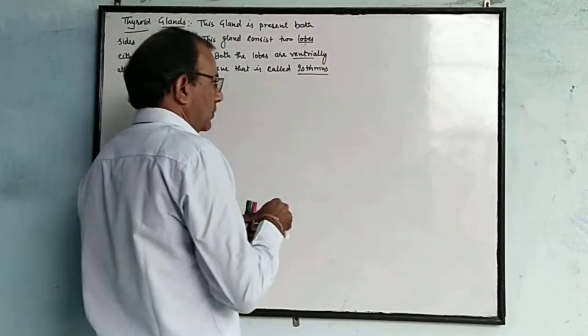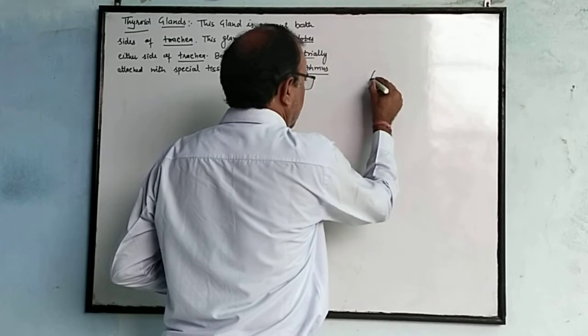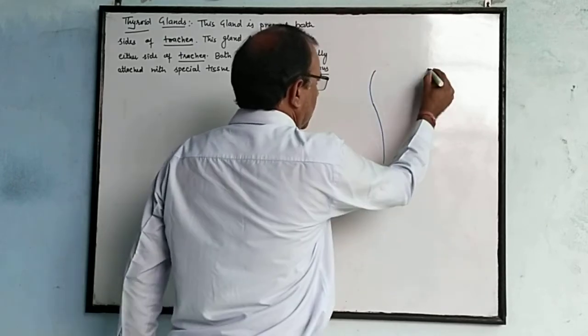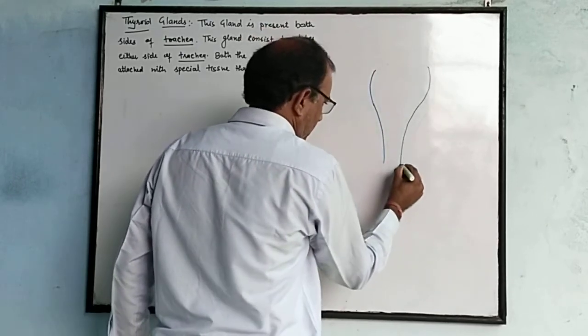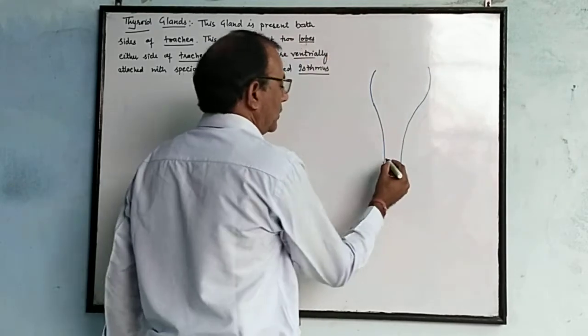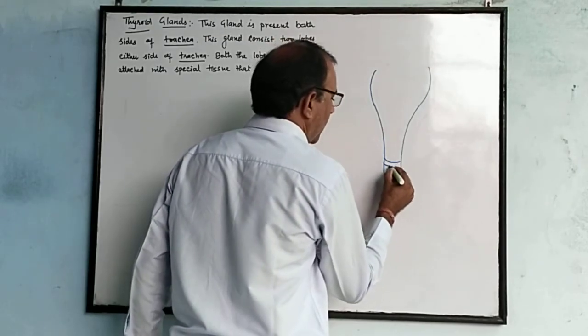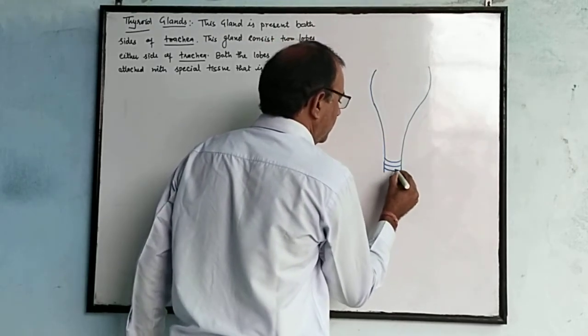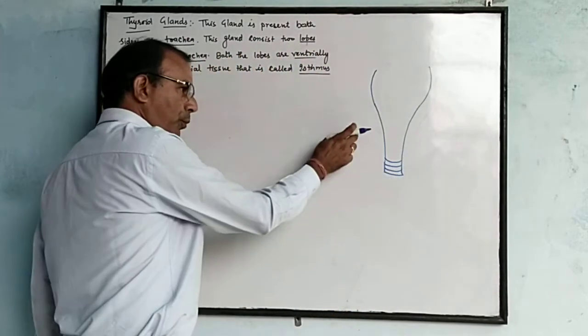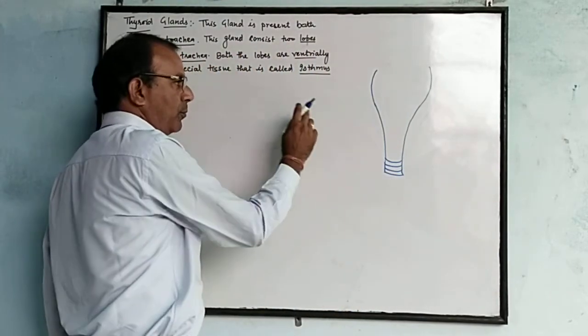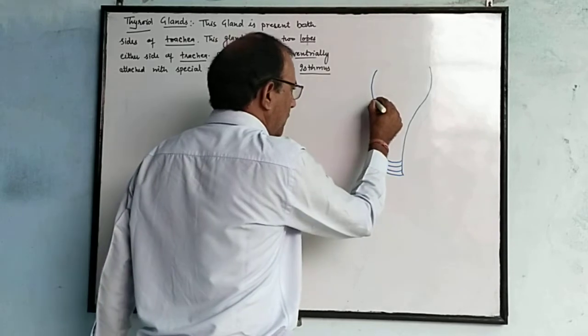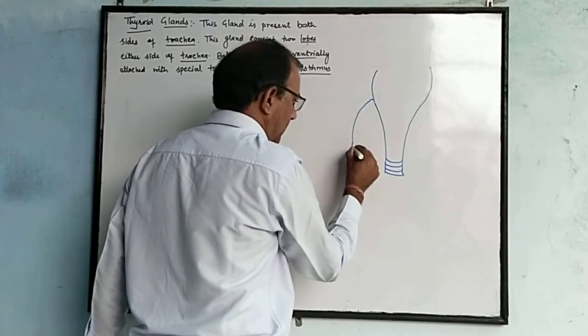Suppose this is the trachea, the windpipe, and in the trachea there are many rings of cartilage present. On both sides of the trachea, the thyroid gland is present in lobe-like structures.